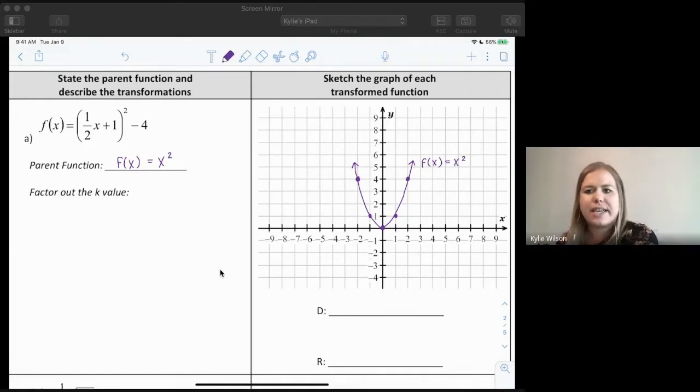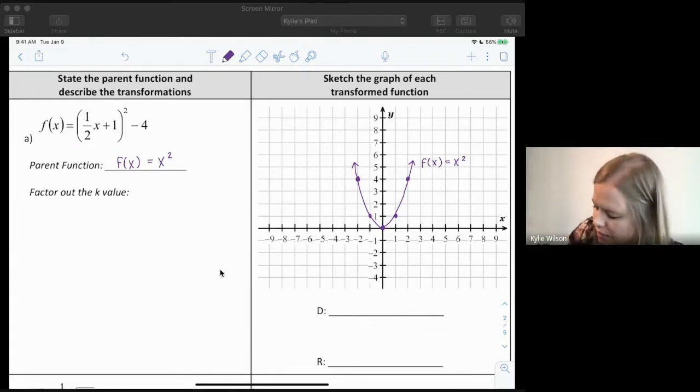Now let's identify our a's, our k's, our c, and our d. So the first thing I always need to do is see if there's any numbers in front of the x here that need to be factored out. If it looks like that, where it's just a number touching the x with another number over here, I always need to factor it out.